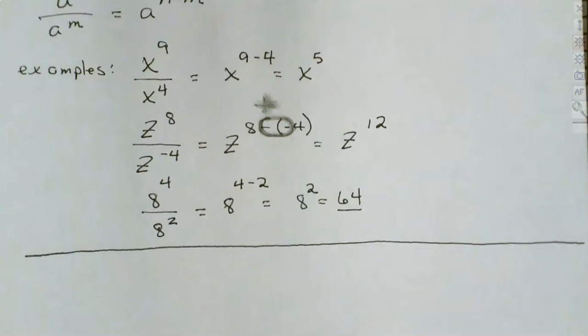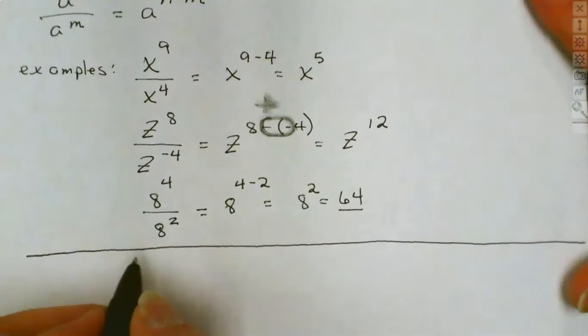So now we look at the quotient and we look at the product rule. The next one is a little bit different too, because the next one is counterintuitive. The next one is a zero exponent rule.